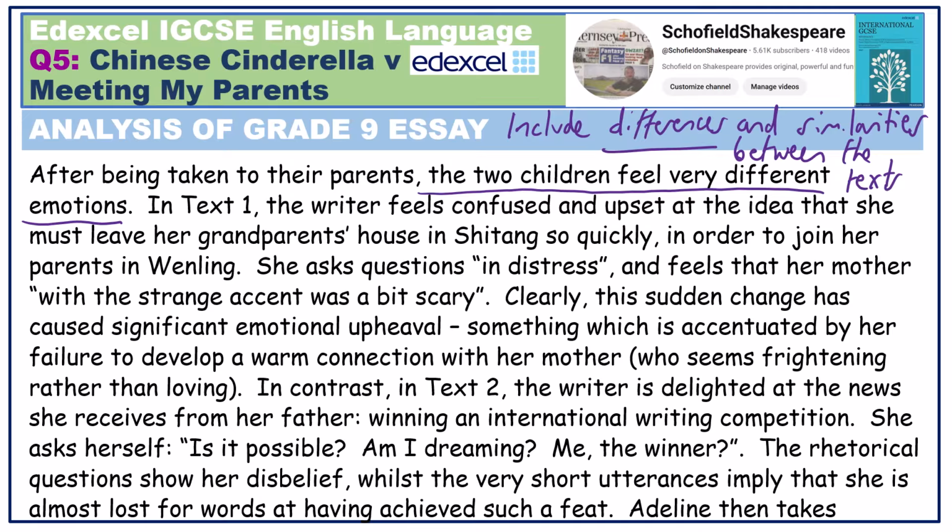Aim to develop your argument and make more detailed, sophisticated, comparative points about the text. This is something I do mid-paragraph here, when I point out that the alarm caused by the sudden command to live with her parents in a different city in text 1 is accentuated by the alarming initial lack of affection from both parents, but especially the mother.